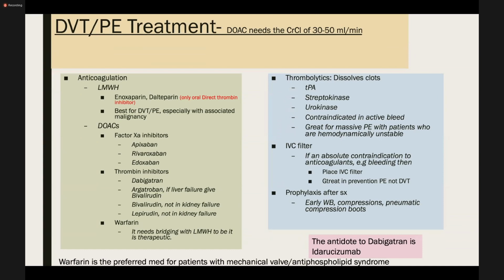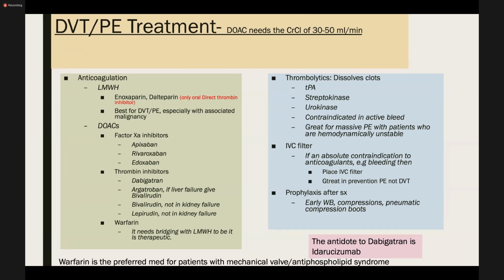What were you saying about the compression socks? When you have a patient with a very high risk of bleeding, you don't want to give them any anticoagulants. You want to give them pneumatic compression stockings or a compression boot, and that will prevent DVT.